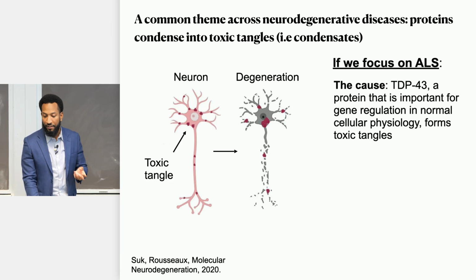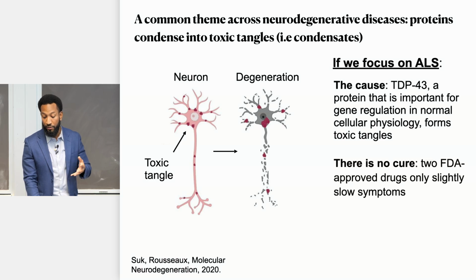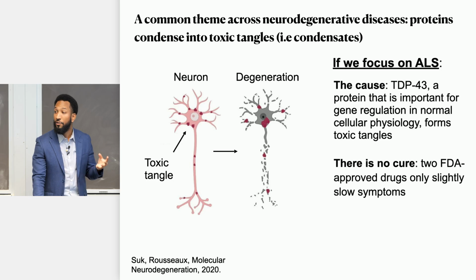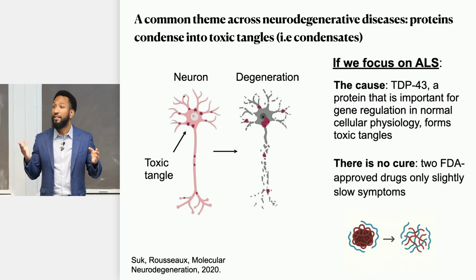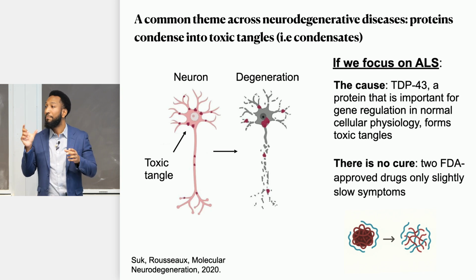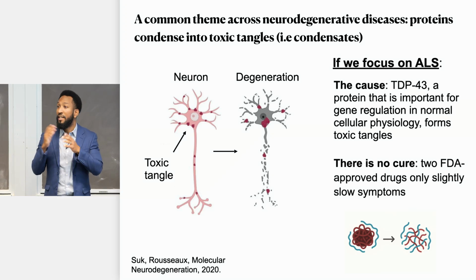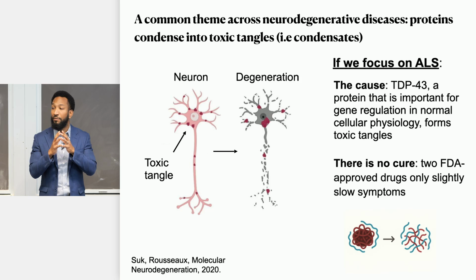So it is important to have these proteins in our cells. Once again, there's no cure, and there are FDA-approved drugs that can only slow the symptoms, but they do not cure it. But once again, the idea is that there's a lot of work and effort being done to design peptides or short protein fragments or other methods to prevent these liquid-like droplets from forming in cells.